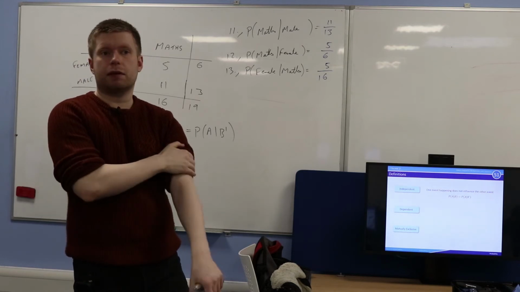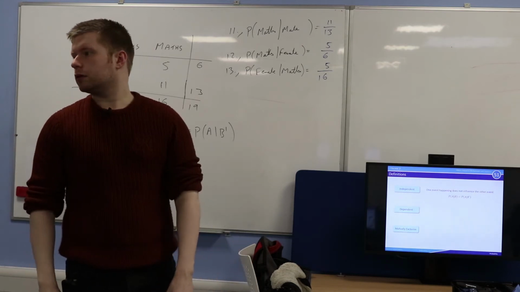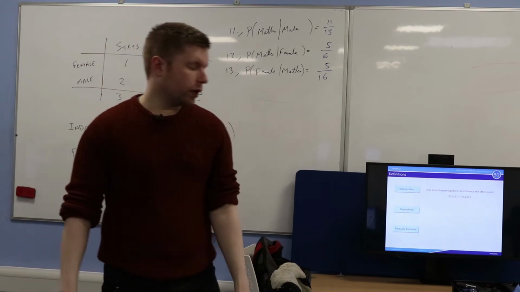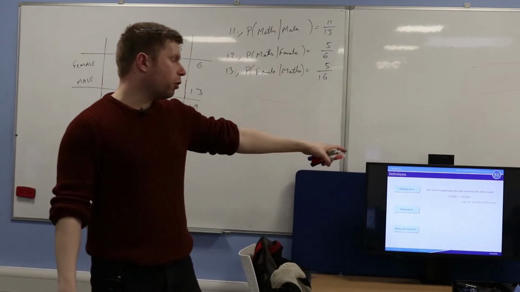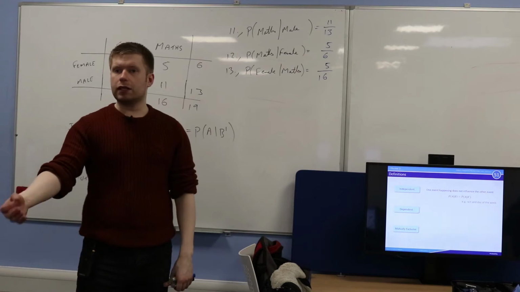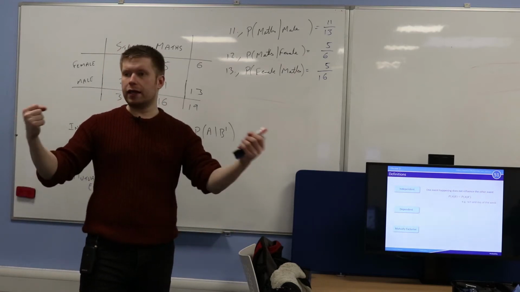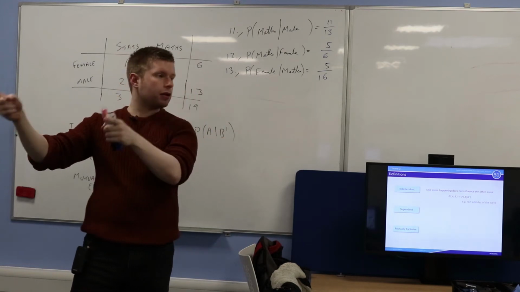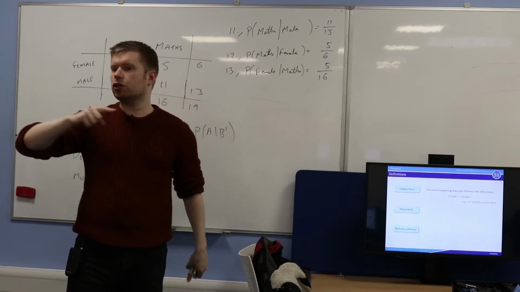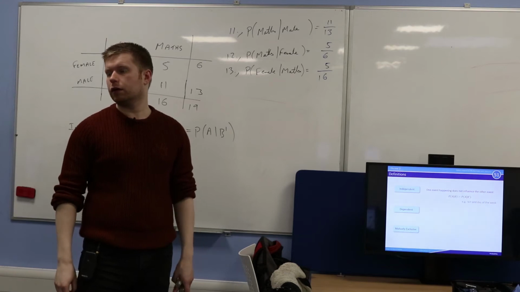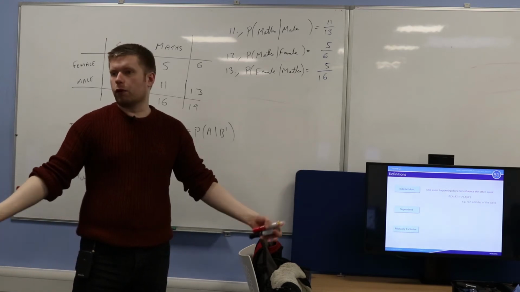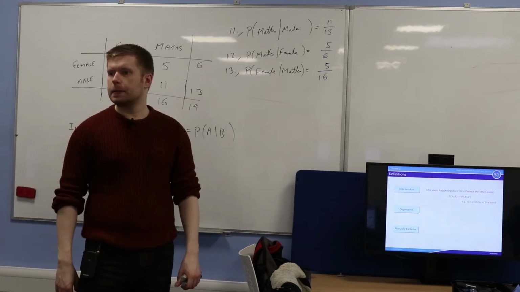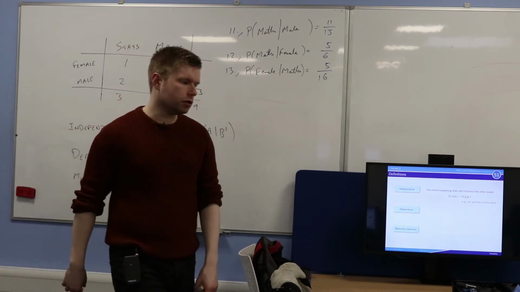So if one thing happens, it doesn't affect the other. An example which I've come up with is the probability of it raining and the day of the week. Those two events are independent of each other. If it rains, it doesn't depend on what day of the week it is. It doesn't always rain on Wednesdays, because it just rains whenever it wants to. That make sense? Okay, good.